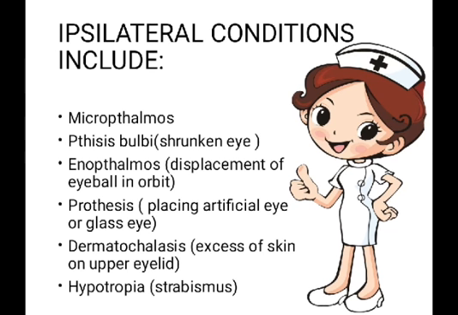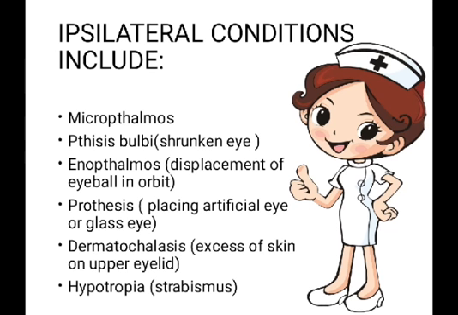It is a condition in which an artificial eye or a glass eye is placed in the space of the eyeball so that it will not remain open or absent. So from the cosmetic point of view, this is done. An artificial eye or a glass eye is placed in place of the actual eyeball.